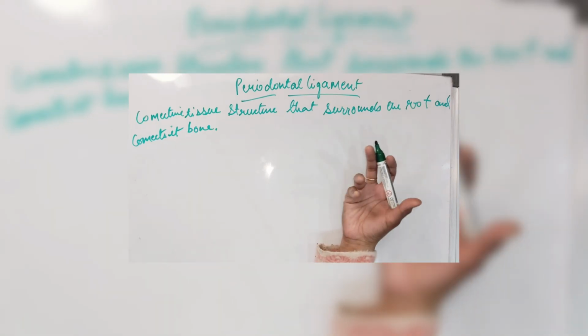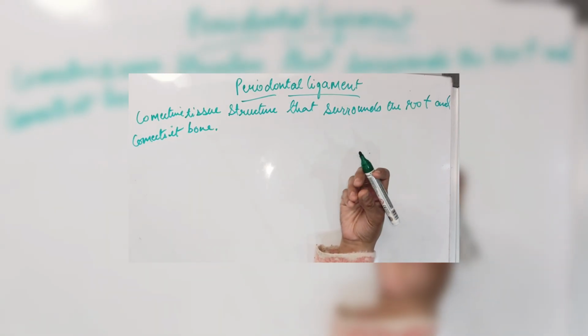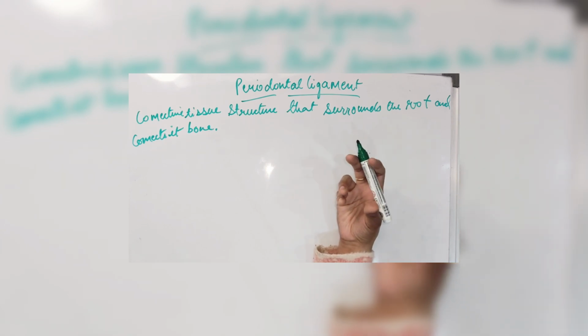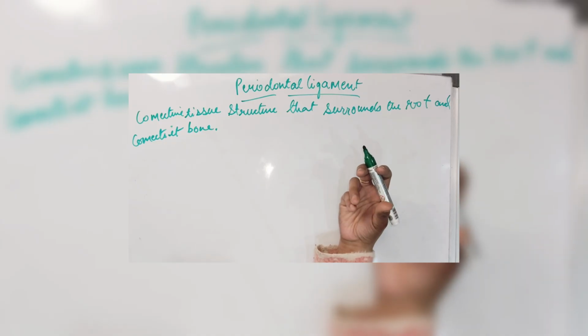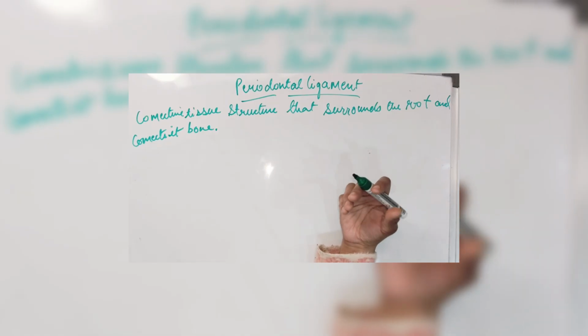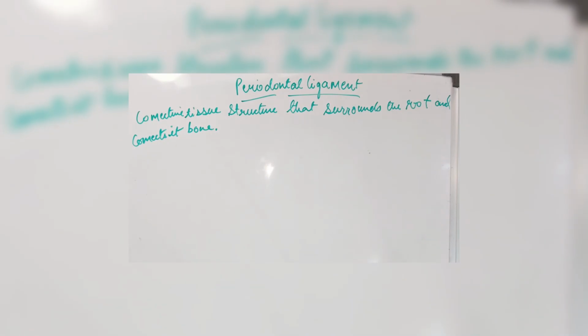There are different cellular compositions. Cells of the periodontal ligament include synthetic cells, resorptive cells, progenitor cells, epithelial cell rests of Malassez, connective tissue cells, mast cells, and macrophages. So there are many cells. Periodontal ligament contains extracellular substances also.